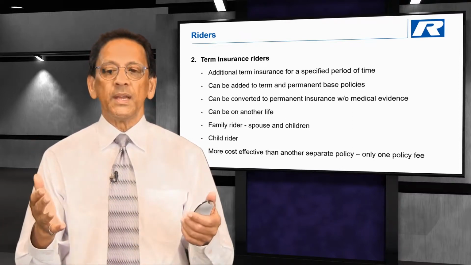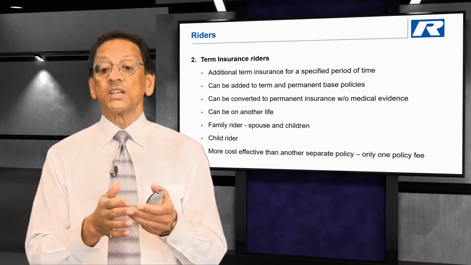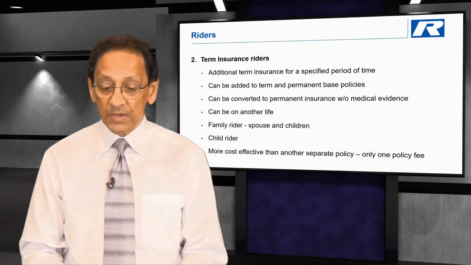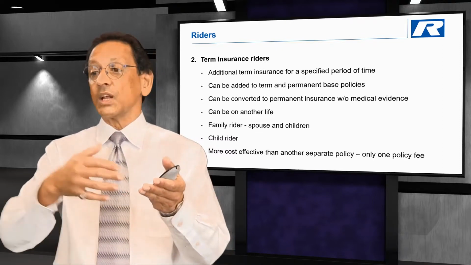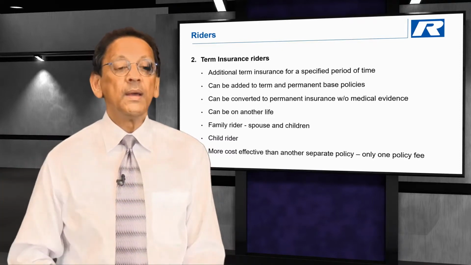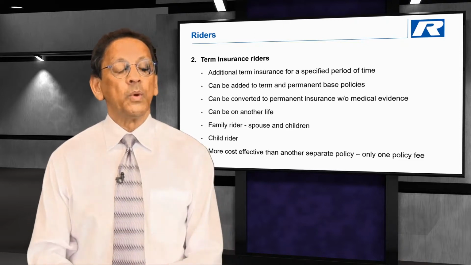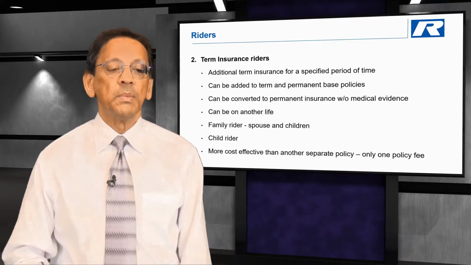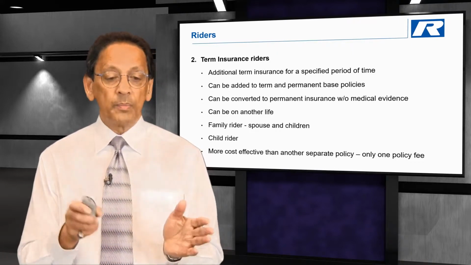They are term in nature. They cannot, obviously if the base plan expires, then the rider expires. You cannot have a rider extending longer than the base plan. And so a lot of people will use riders rather than buying another separate policy, because you still have one policy.